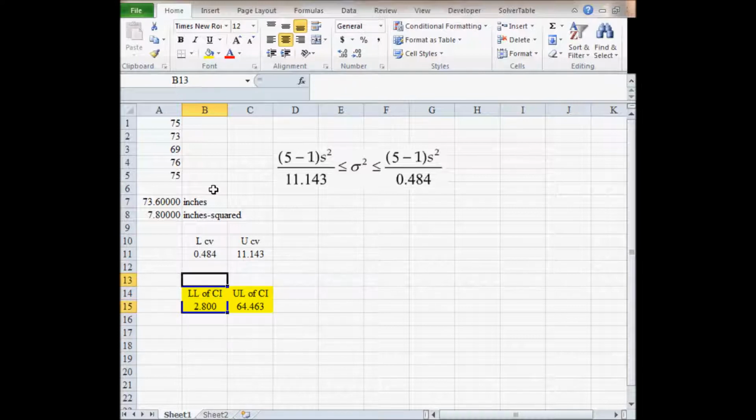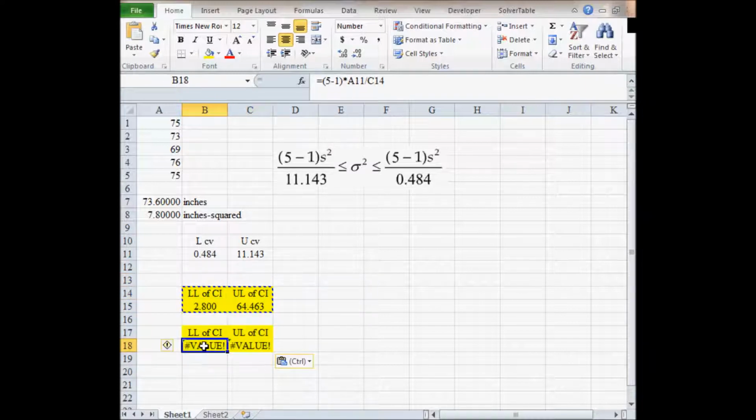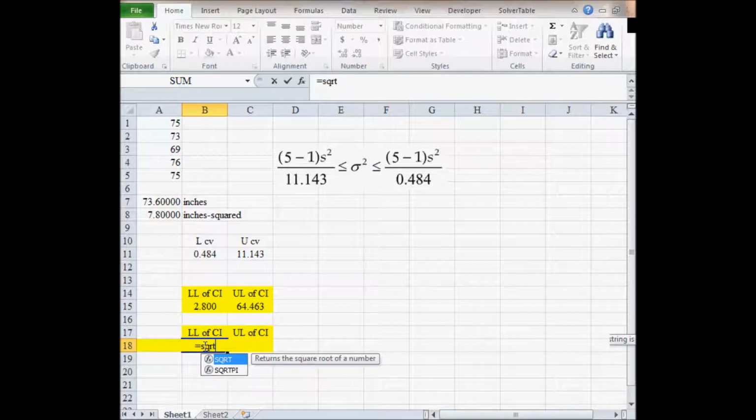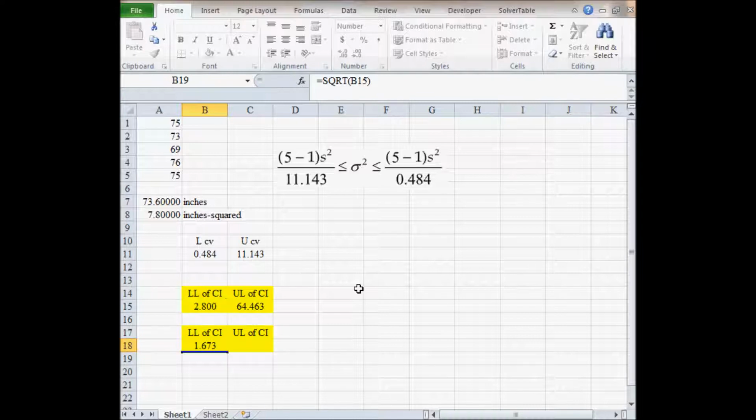So in order to get the confidence interval for the standard deviation, all we do is take the square root of the lower limit of the confidence interval for the population variance, and then do the same thing with the upper limit of the confidence interval for the population variance.